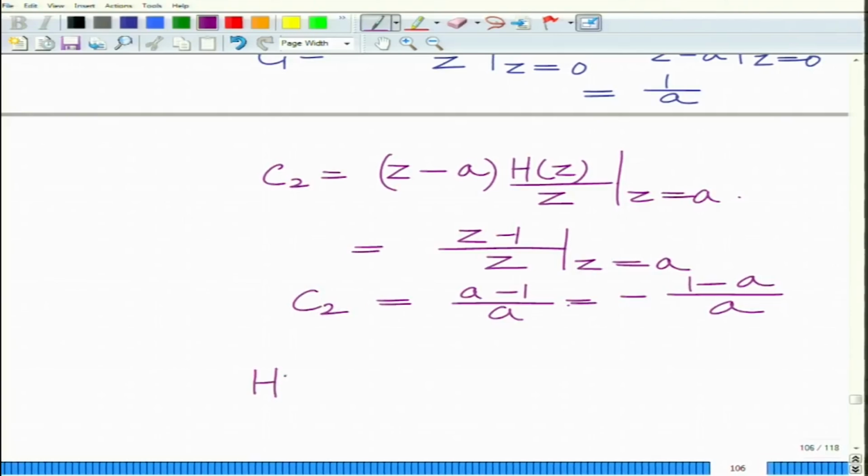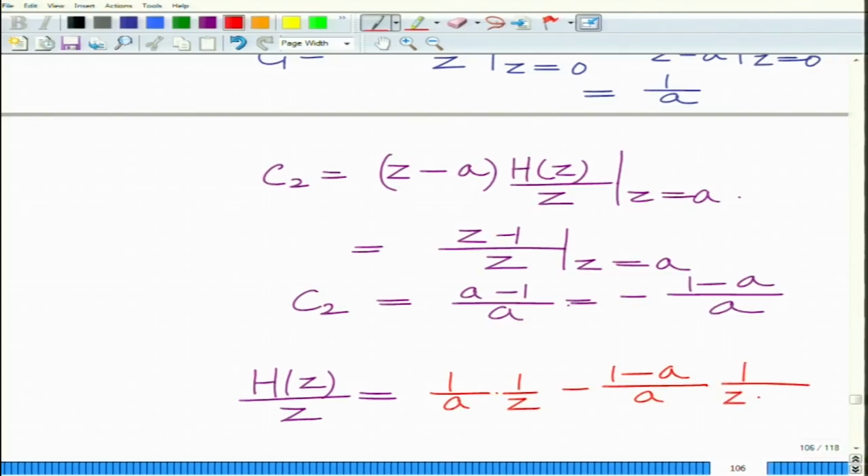So therefore, what we have is H(z)/z is 1 over a into 1 over z, minus (1 minus a) over a into 1 over z minus a.